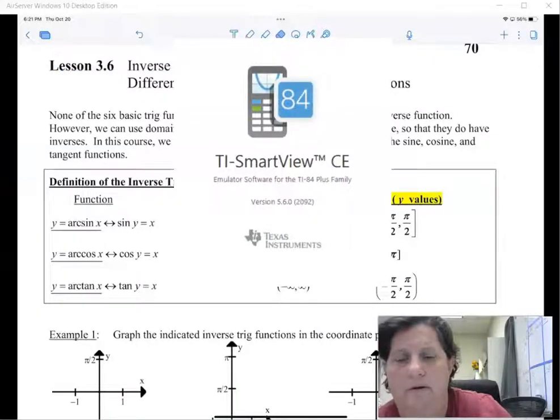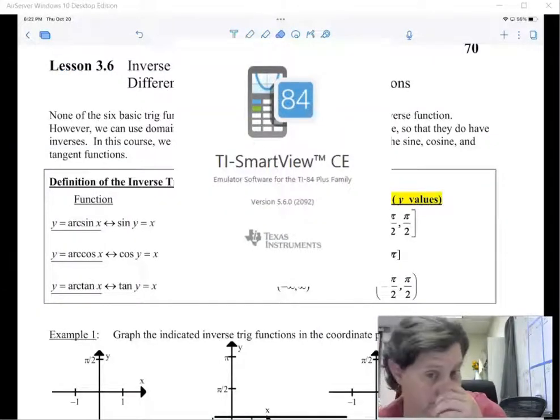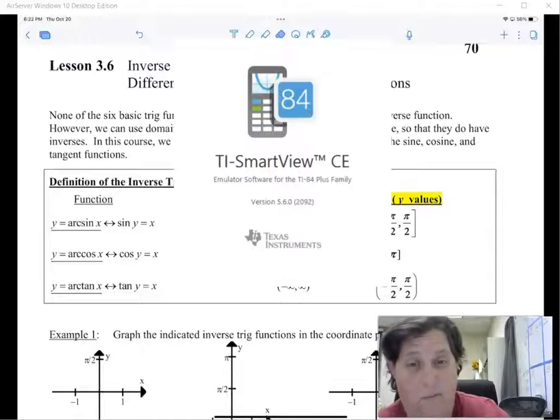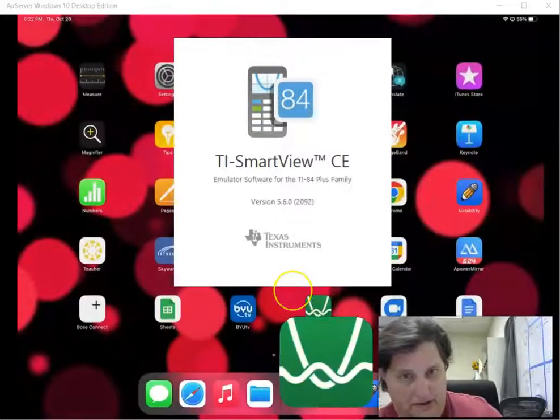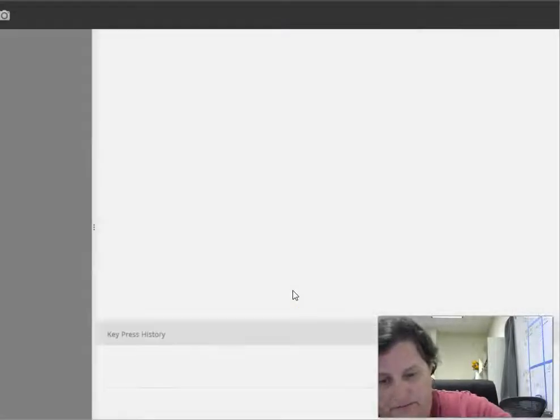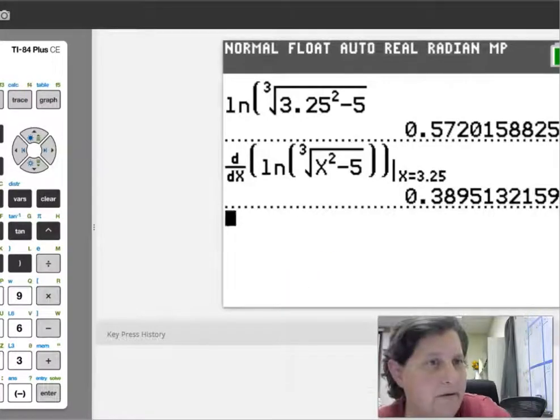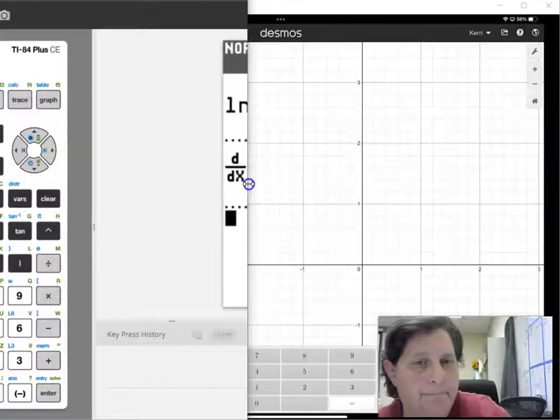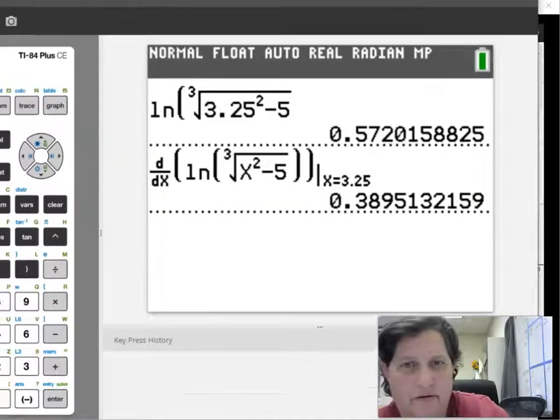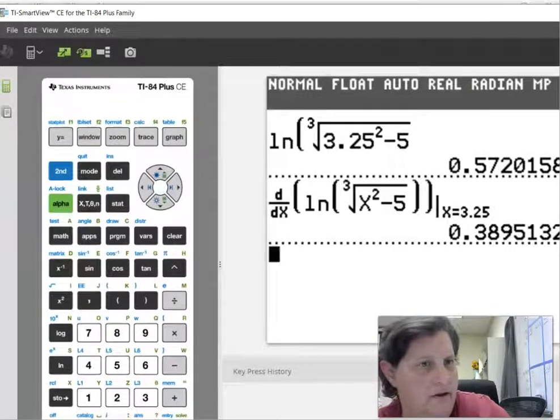Ah, there we go. While it's doing that, I'm going to load something up over here. There's my calculator. Can I make this a little smaller? All right, cool.